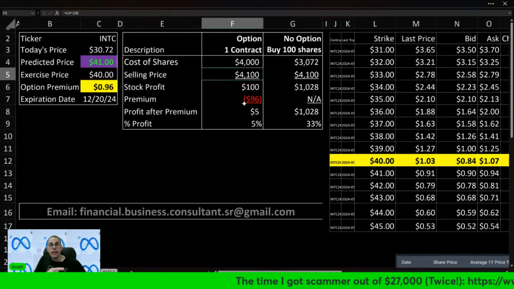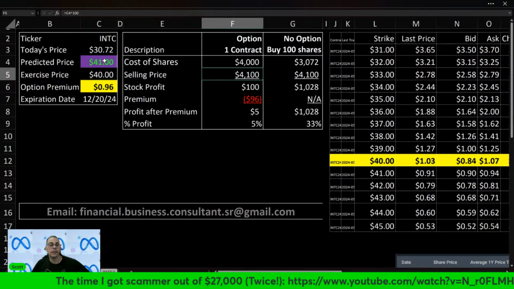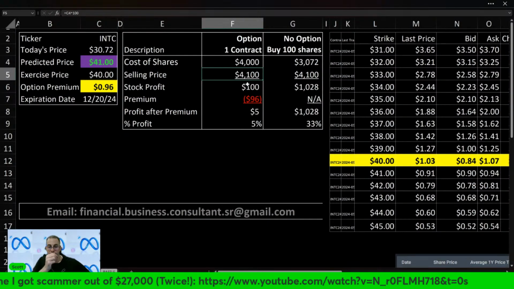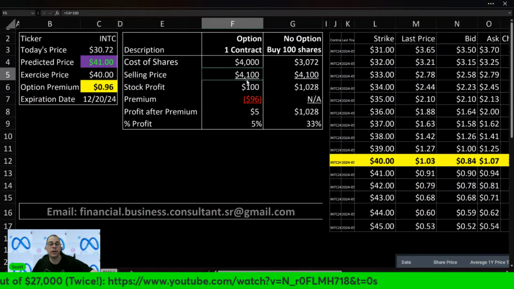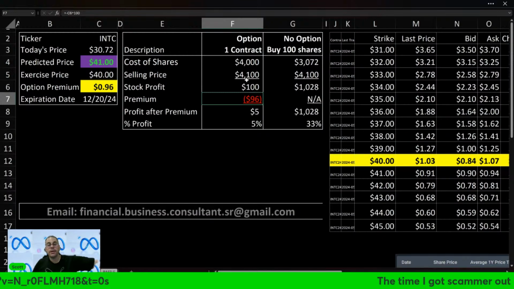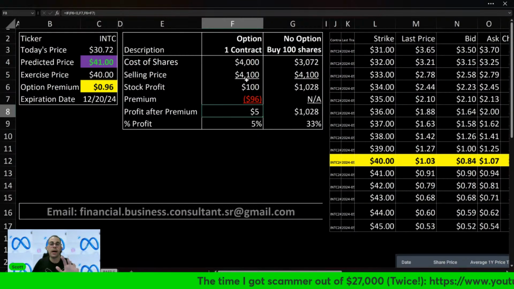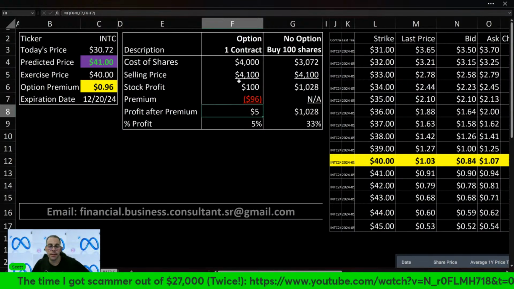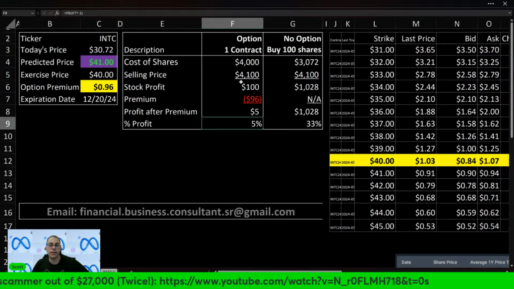Then you immediately turn around and sell it in the open market for $41, because that's the price today. So you sell it for $4,100. You profit $100 from the stock sale, but you did pay that premium initially of $96. So you made $5. That's your profit for this whole investment, which is a 5% return.